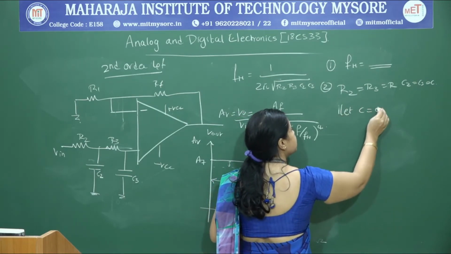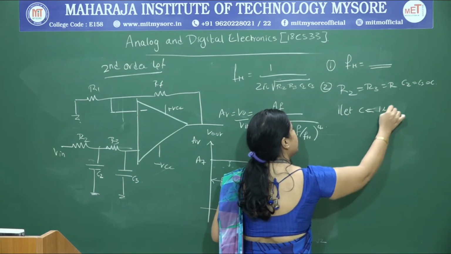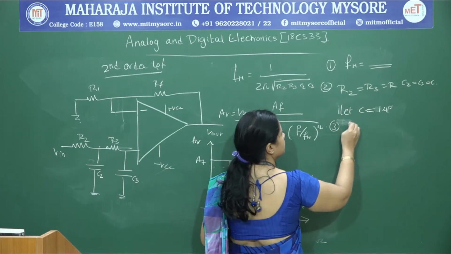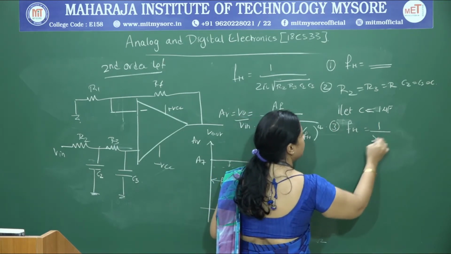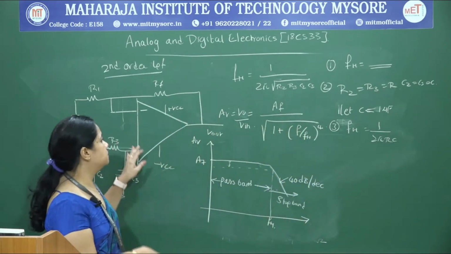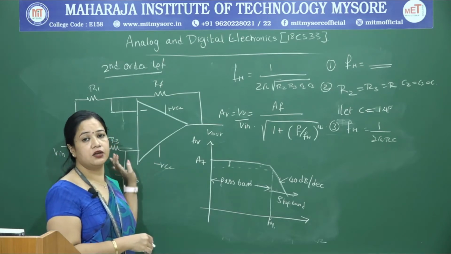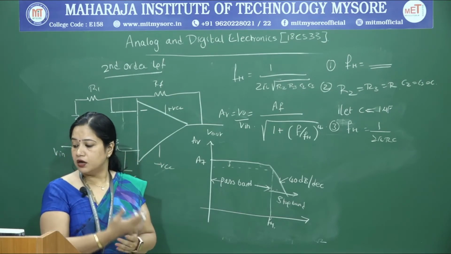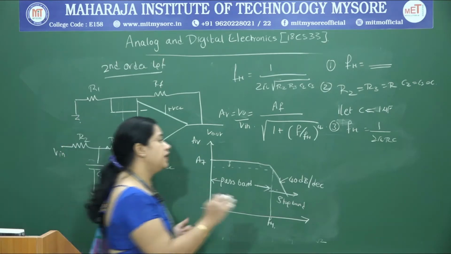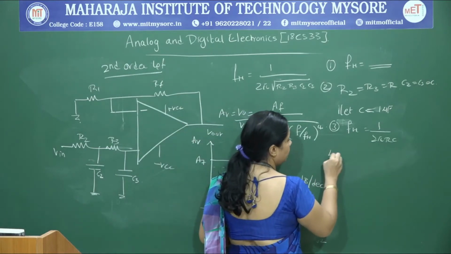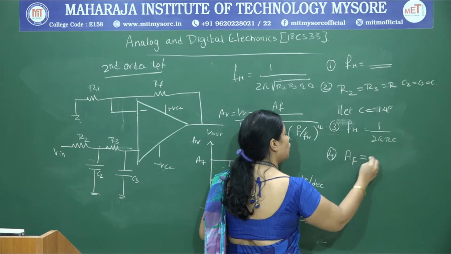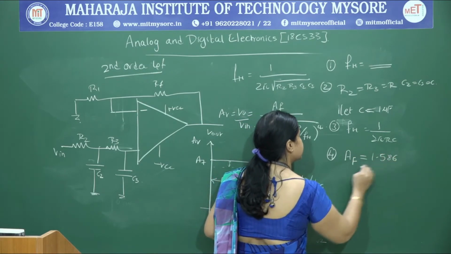You choose a value of capacitance which is less than 1 microfarad and calculate the corresponding value of R using the expression FH is 1 by 2 pi RC. Once this is done, we are done with meeting the required frequency, and we look for the pass band gain. For a second order low pass filter, you choose a pass band gain of 1.586.